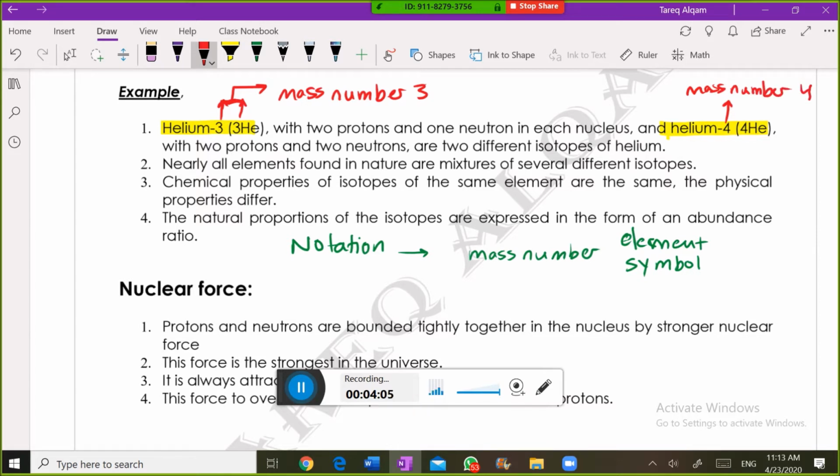This is the way that we distinguish between isotopes.